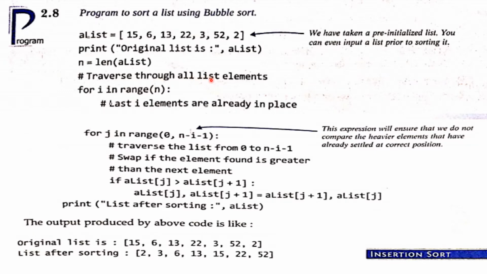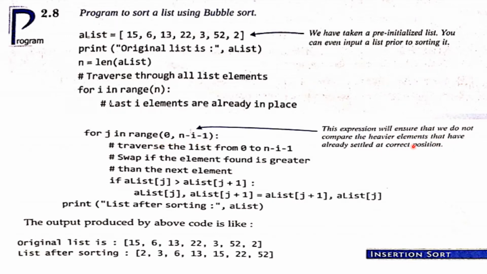Here we need two for loops, one outer for loop and the second inner for loop. The outer for loop, for i in range n, is for the number of passes we need for sorting this list. The second loop is for the comparison made in each pass. The second for loop, for j in range, will go from 0 to n minus i minus 1.